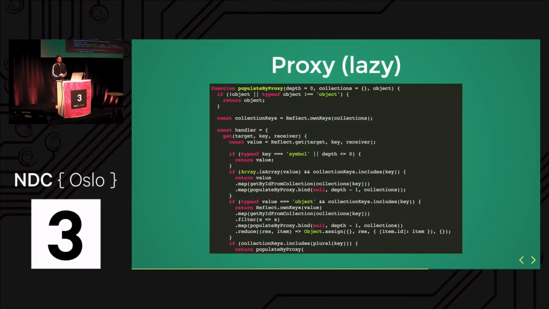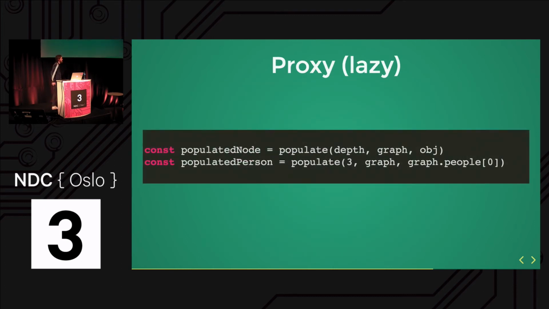And this is where you could use the power of proxies. Because now we could try to implement the same thing here using proxies. And that's what we did with the exact same API.